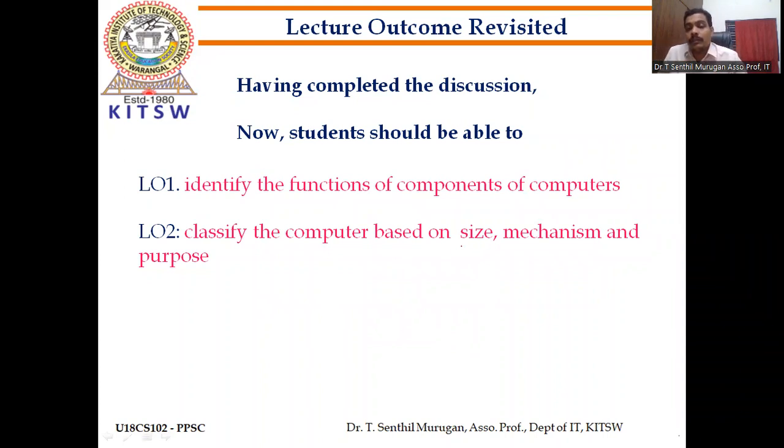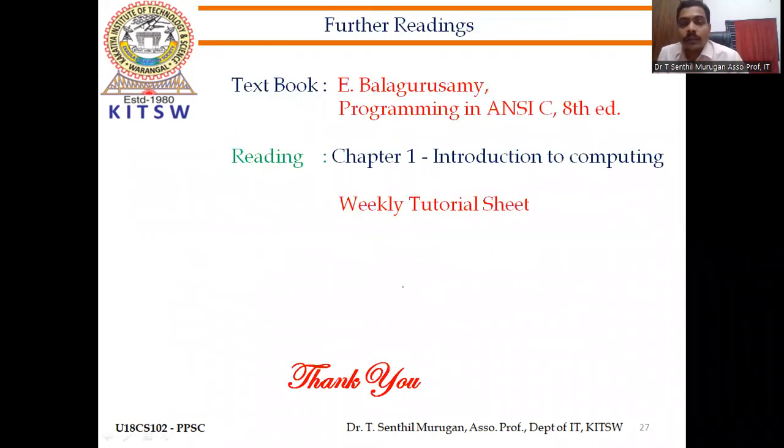If you are shown any computer, you can classify which type it is: mini computer, microcomputer, supercomputer or mainframe computer. For further doubts, you can refer to chapter 1 of Introduction to Computing in the Balagurusamy book, Programming in ANSI C.